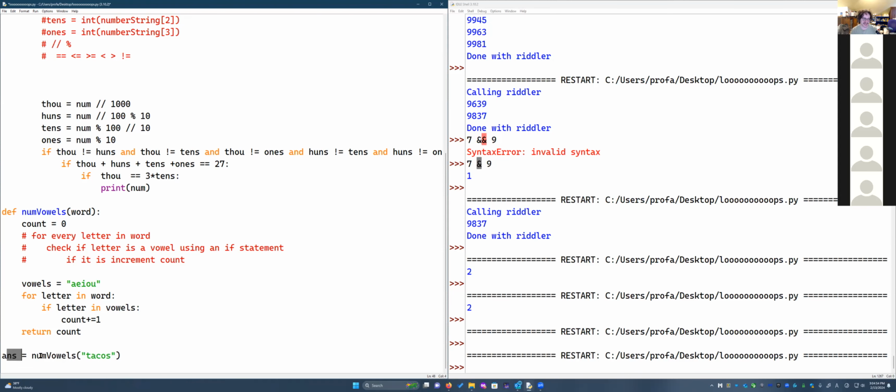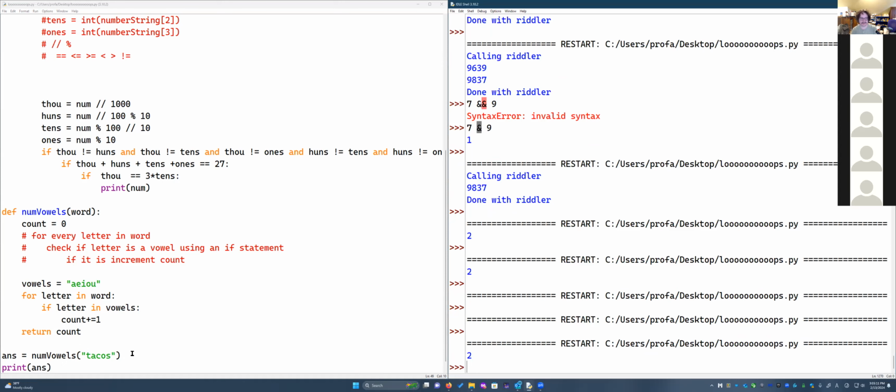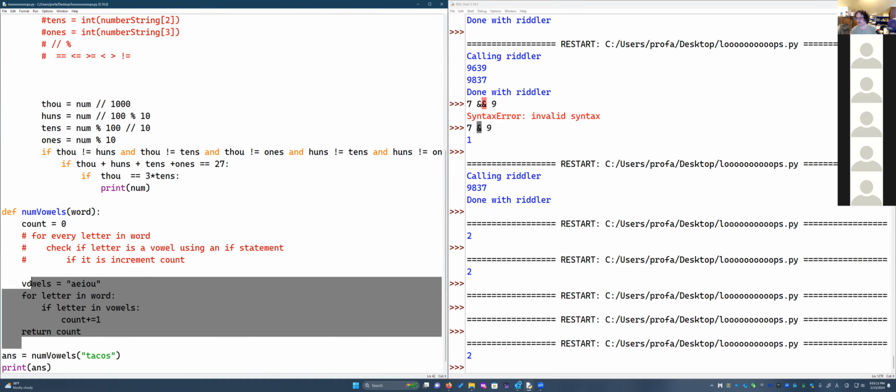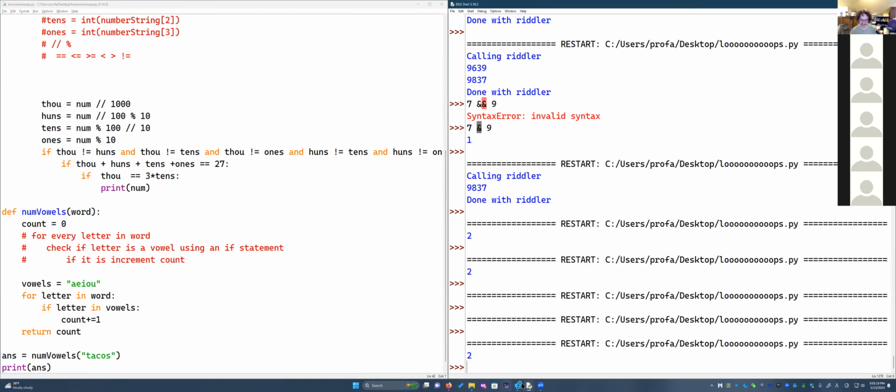Here I can take what gets returned from a function and store it somewhere so that maybe another function can use it. We will be transitioning over to doing this for lab 6. When we get to lab 6.